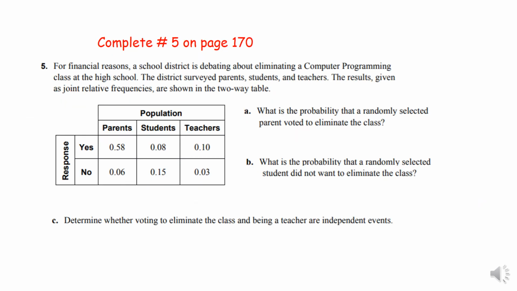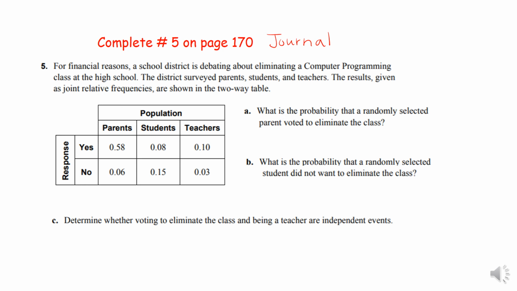All right, so the last thing we're going to do is number 5, on page 170 in your journal. For financial reasons, a school district is debating eliminating a computer programming class at the high school. The district surveyed the parents, students, and teachers. The results, given as joint relative frequencies, are shown in the two-way table.